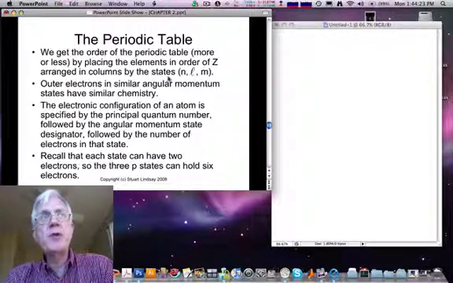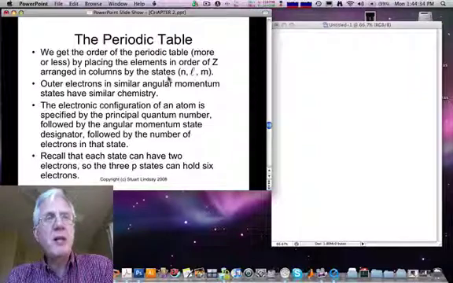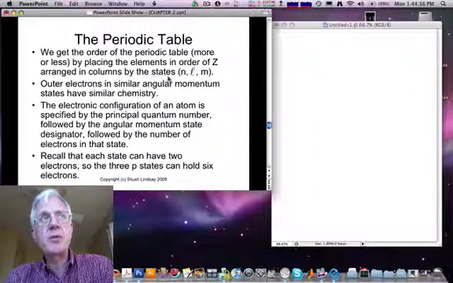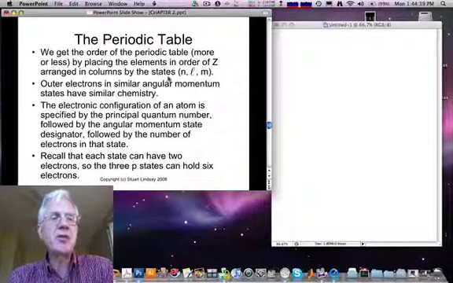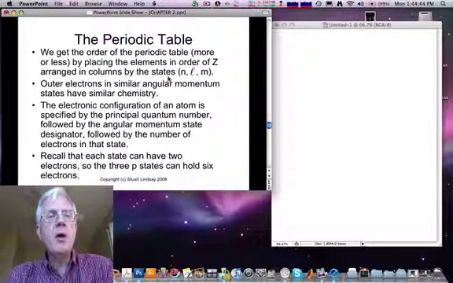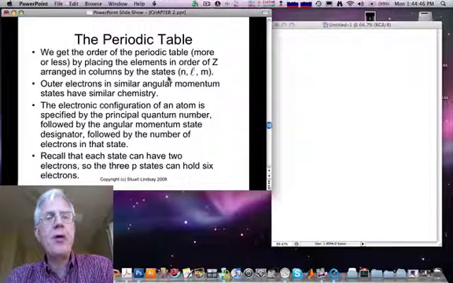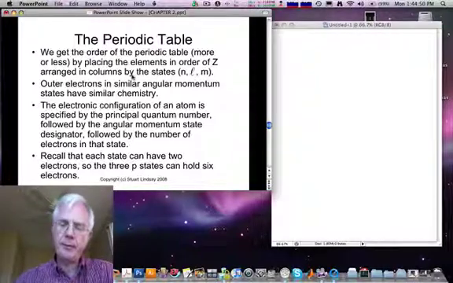We'll see that the reason for this is that the successive columns correspond to different angular momentum states of the outermost electrons, and it's these angular momentum states that determine the shapes of the orbitals, and hence the chemistry of the atom. We'll show on the next slide how their states are called out, so let's turn to that.